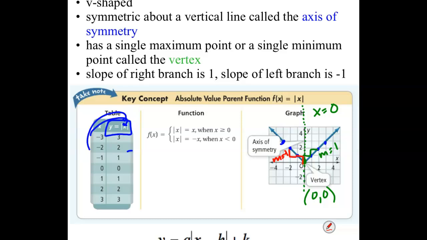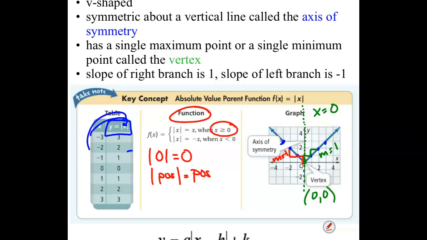The notation that you see here is the algebraic way of saying this. For an absolute value graph, the absolute value of x is x if x starts out positive or 0. In other words, the absolute value of 0 and the absolute value of any kind of positive number is going to come out as just whatever was inside.